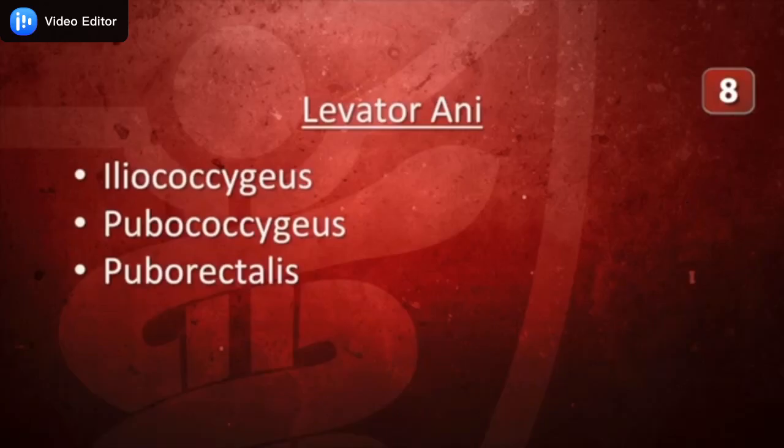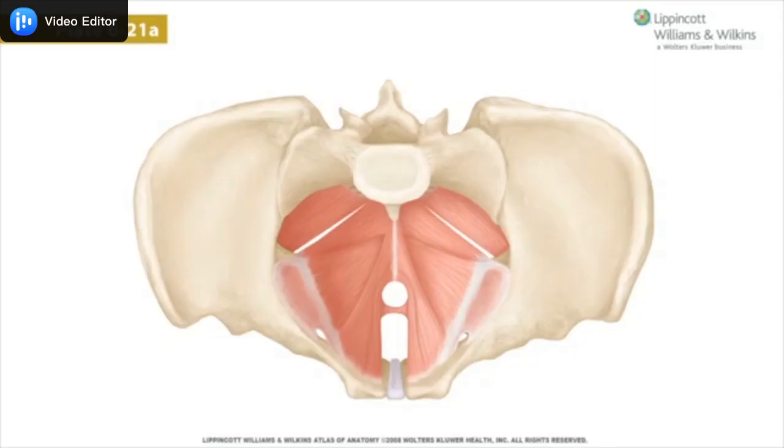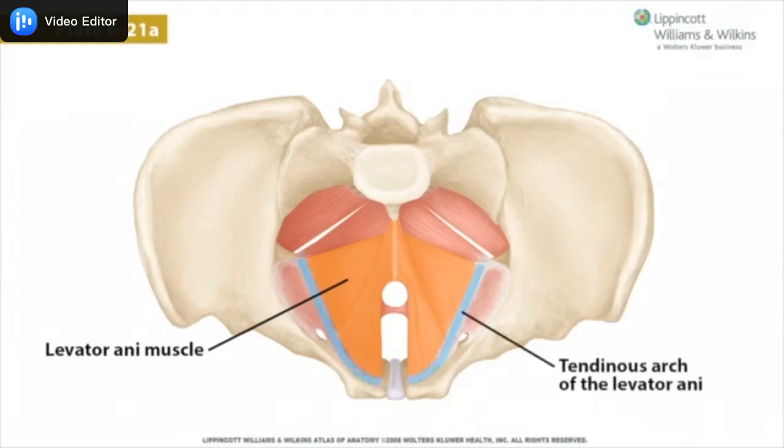The levator ani is a group of 3 bilateral muscles, the iliococcygeus, the pubococcygeus, and the puborectalis, which are difficult to distinguish on gross inspection. The levator ani overlaps the obturator internus and takes part of its origin from a thickened band of the fascia of the obturator internus, which is conveniently named the tendinous arch of the levator ani.